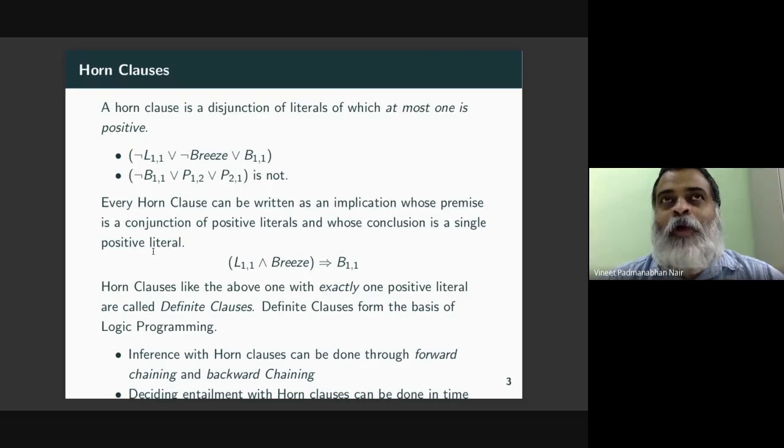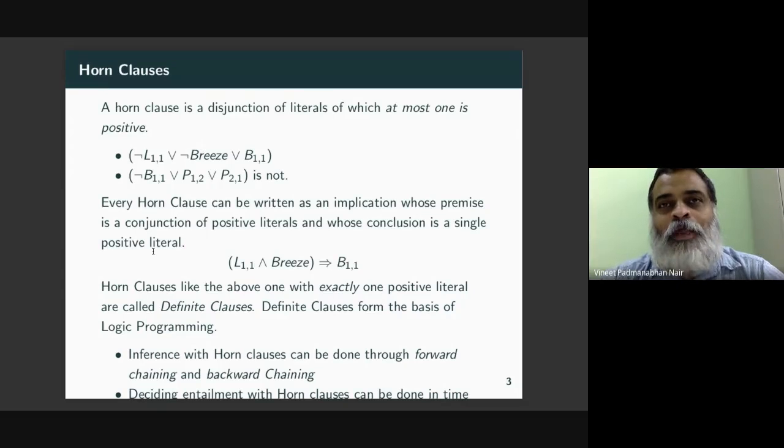If you wonder why we need to go through these different formats, the main idea is that converting into a particular format will help you in finding the truth value quickly. I talked about constraint satisfaction problems as well as satisfiability problems in the previous couple of classes. There also the same thing happens.